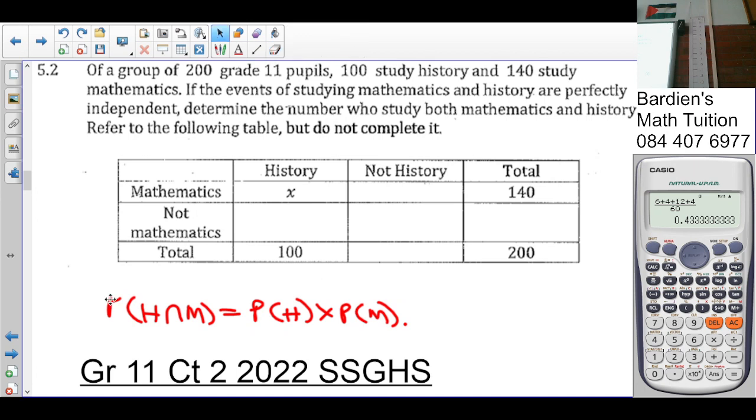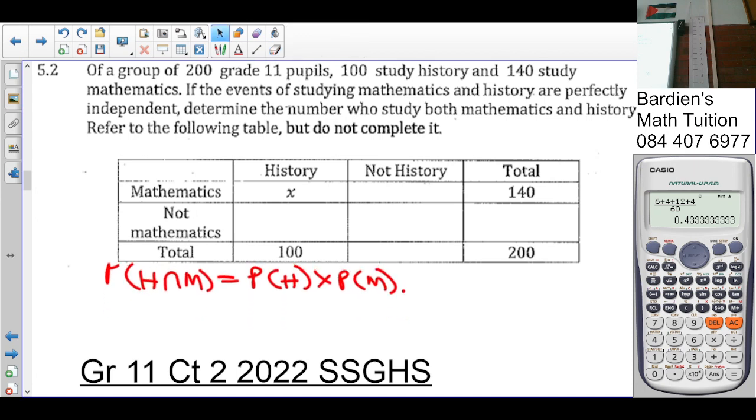Okay, and we are told that they are independent. So what's the probability of them doing history and maths? History and maths is what? X. Can you see that, people?